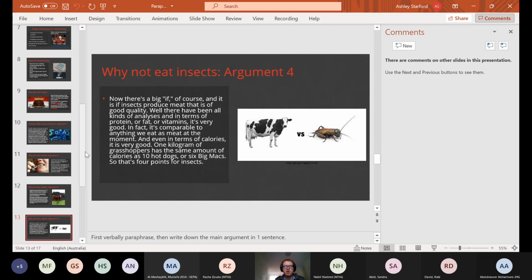Something can be high quality but high calorie. I don't think it's about energy. Yeah, we can say that the energy produced from insect protein is much more than that from animals.